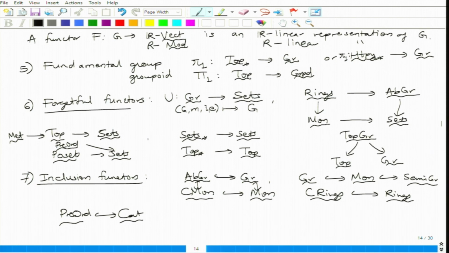Every pre-order is a category first, and it has some properties, and that property we are forgetting to just remember that it's a category.